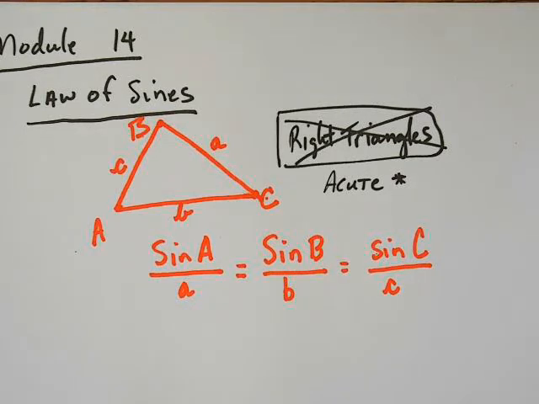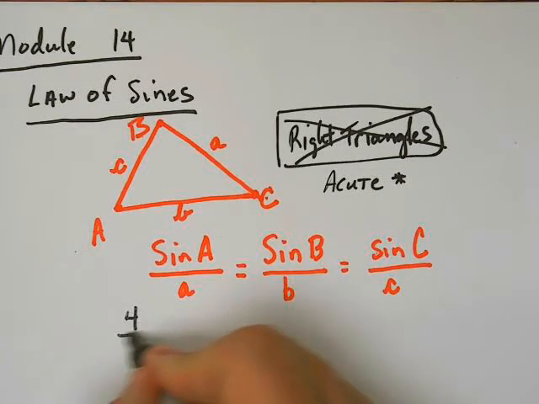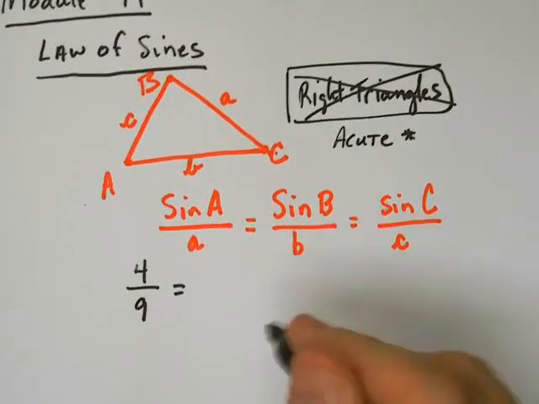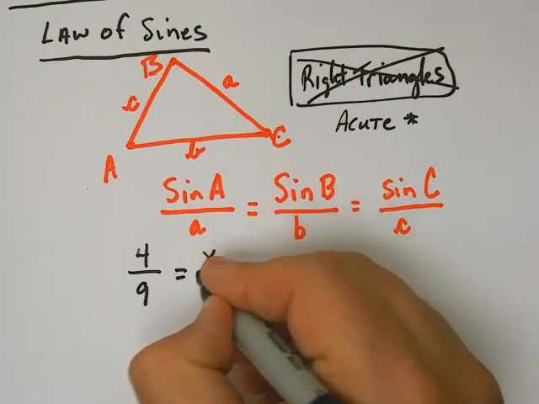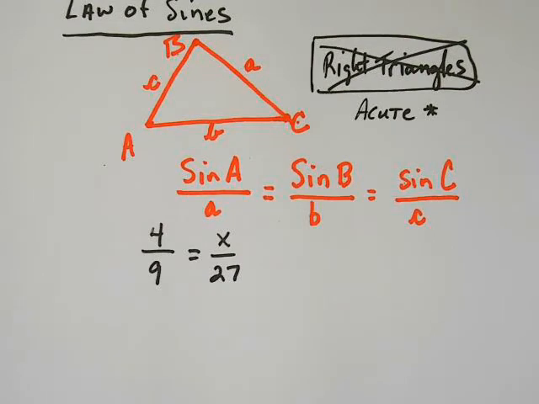All right, so now, before we do a sample from this type, let me shake your memory. What if we had a proportion that looked like this? There's a proportion, Lydia, that says 4 is to 9 as x is to 27.